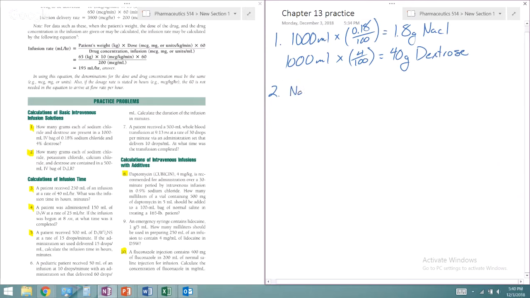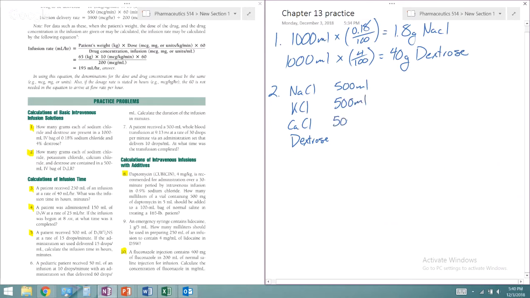Lactate ringers is supposed to reflect more of what all the electrolytes are in your body. And so that's why it has such different varying amounts of each of these. So if you've never encountered lactate ringers, that is what it is.